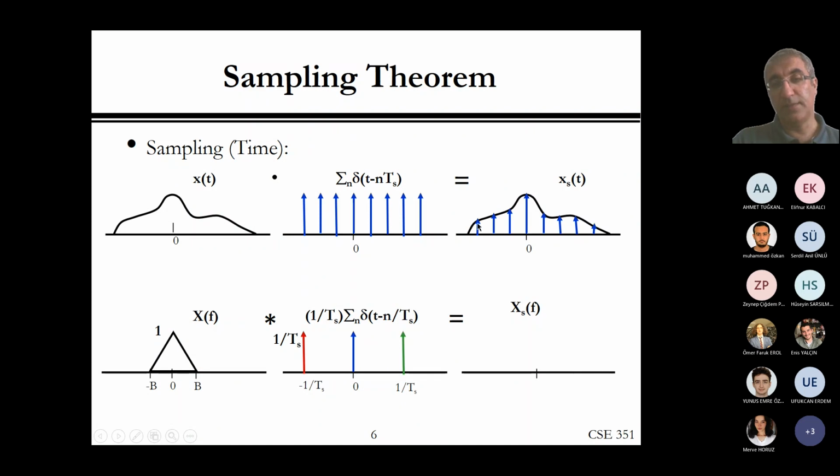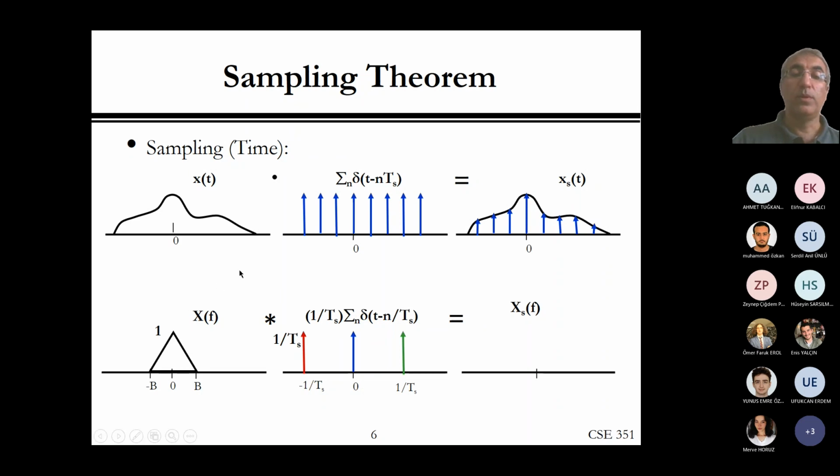This impulse takes this value, this impulse takes this value, this impulse takes the shape of this signal basically, and it is collected for every Ts sampling time. So that is my sampled signal. This is basically sampling in time.